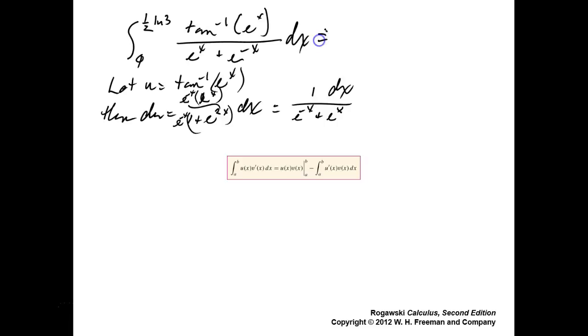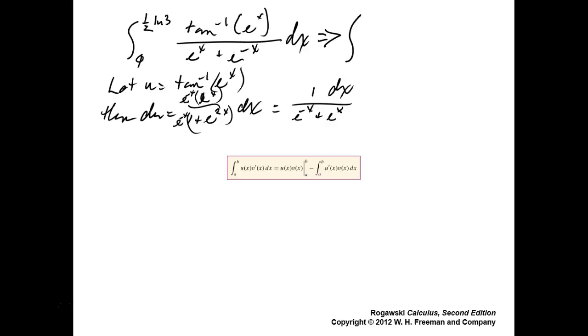So this becomes the integral, but we got to plug in when x is equal to 0, what is u equal to? See the x here, the dx is going from x equals 0. So when x equals 0, e to the 0 is 1. Okay?